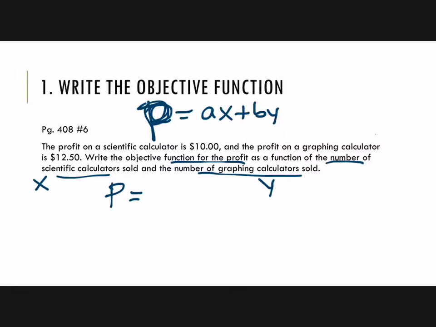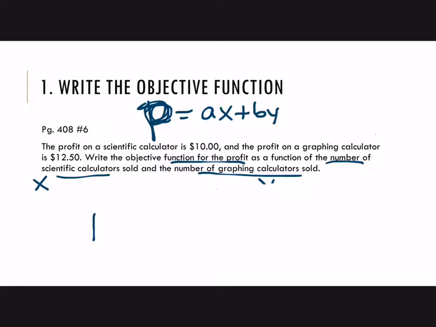So basically the total profit has two parts to it. It's got the profit from the scientific calculators and the profit from the graphing calculators. So it's going to look like something x plus something y. And then I just need to fill in the numbers.